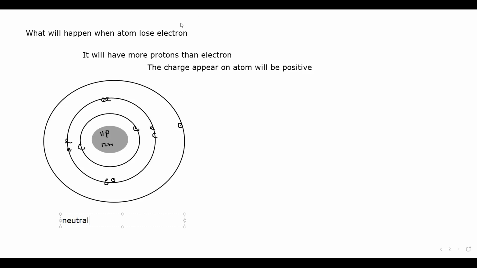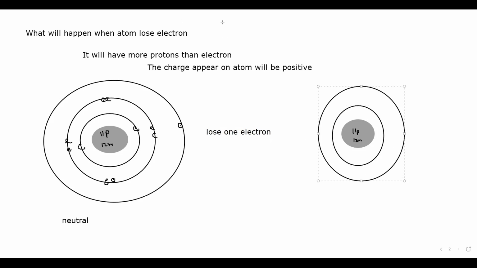Now, if it loses an electron, what will be the charge that appears? The central part is a nucleus. There are 11 protons and 12 neutrons, and around the nucleus, electrons are there, but one of the electrons is lost.